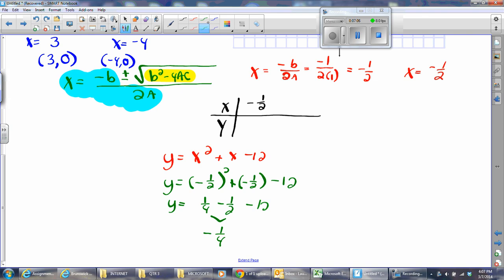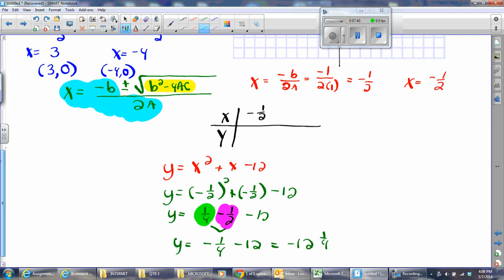This one here is twice as big as this number here, ignoring the negative. So when I combine them, I get half left because it's a subtraction problem. All right, if you don't understand, I'll try to explain that a little bit more, trying to build that number sense. Minus 12, so then y is going to equal negative 12 and 1/4.